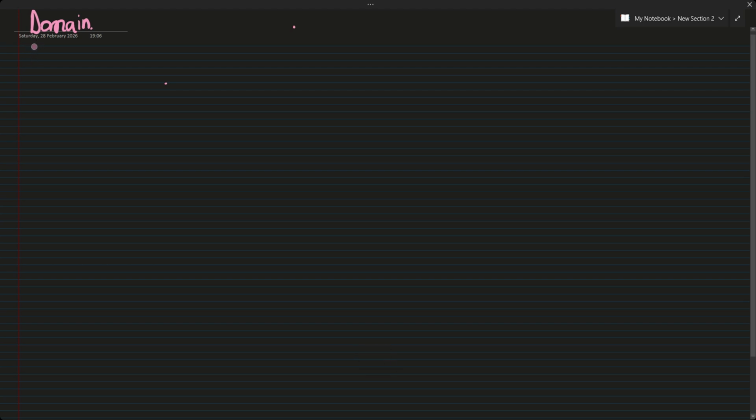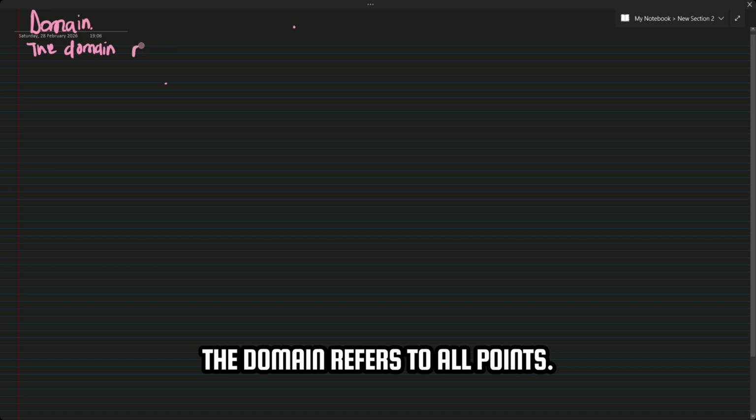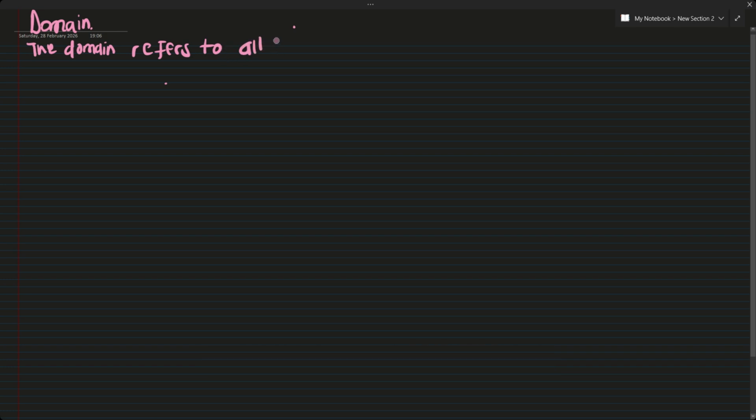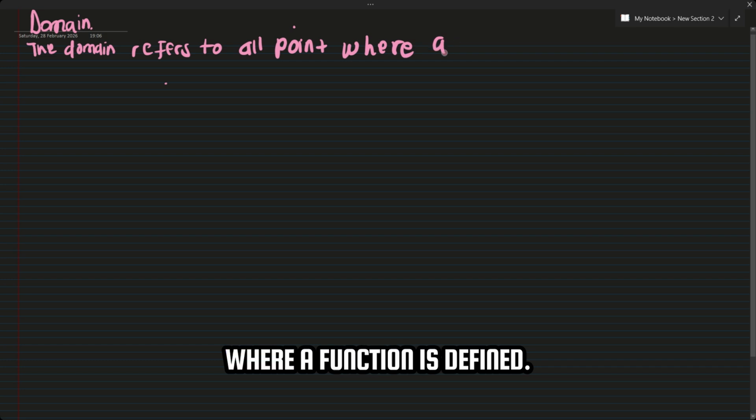So the domain refers to all points where a function is defined.